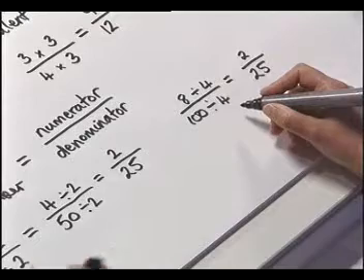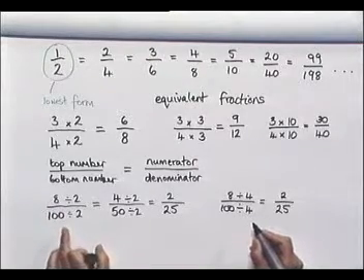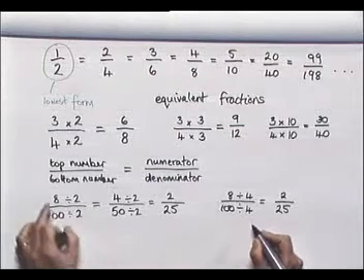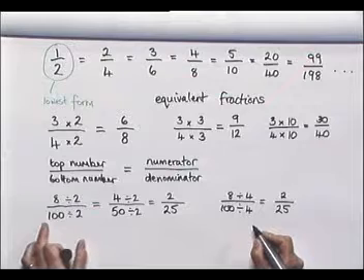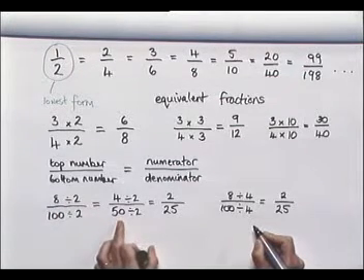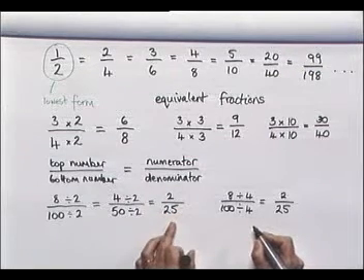That's fine. But often with larger numbers, it's not always easy to see what the highest common factor is of these two numbers, the numerator and the denominator. So often it's easier to work down to some smaller numbers, and then you can be certain that there are no other common factors.